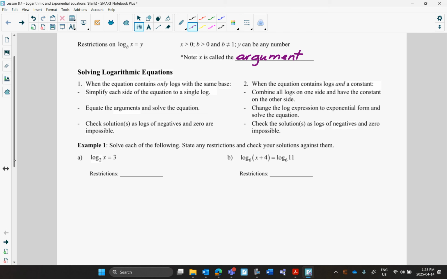This is an example of this one. We've got logs on each side of the equation. The second type is we've got a log on one side and a number, or a constant, on the other. So this would be an example of the second type.